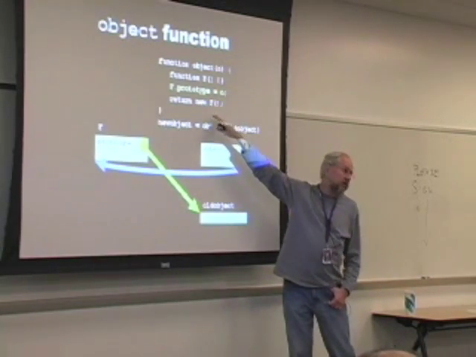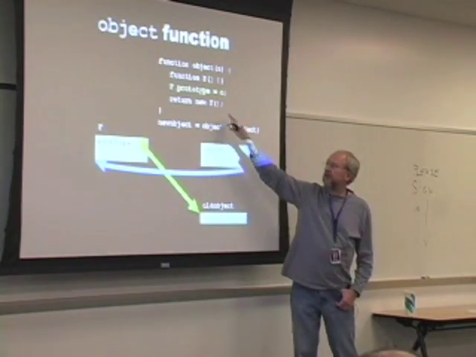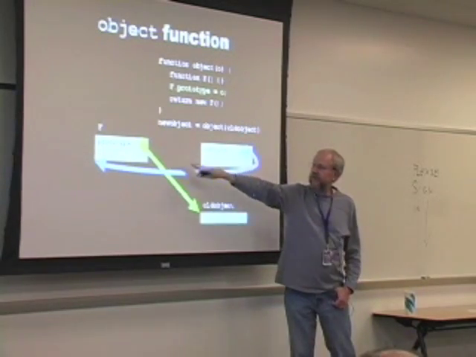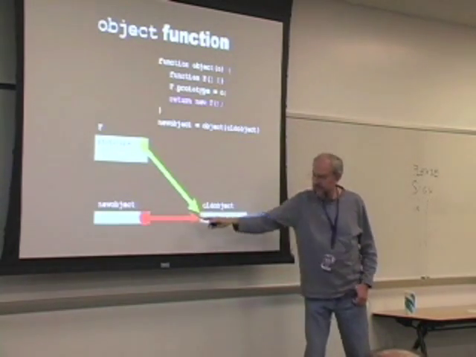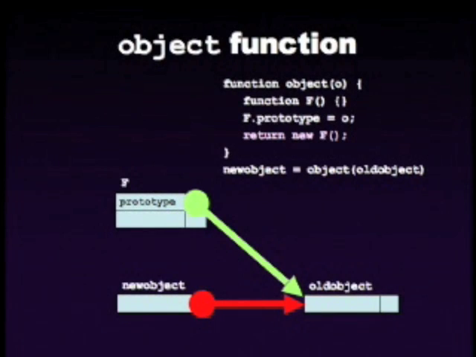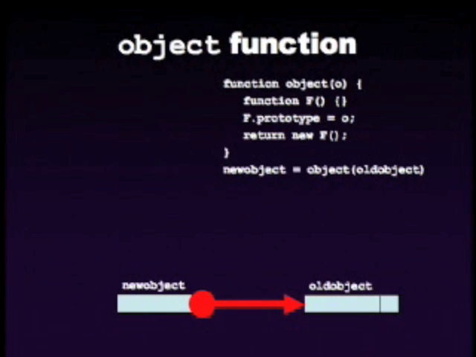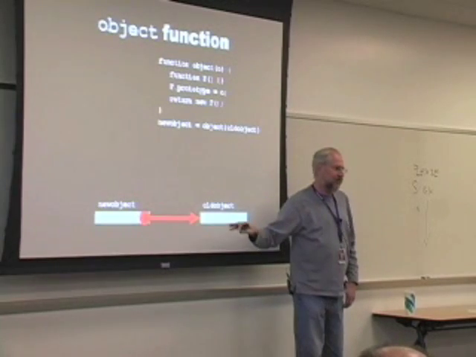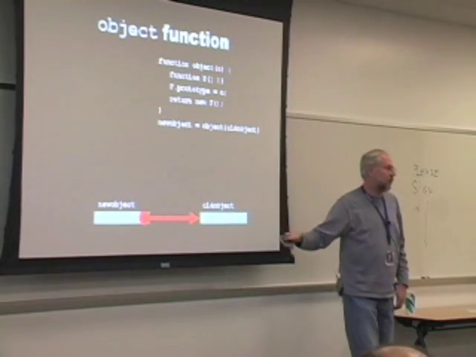Then we make a new instance. That will make a new object whose link points to f.prototype. So that gets us that. And then we garbage collect it, and we're left with that. So it's a little more than we want to do, but it's enough. Working in the web, you spend a lot of time doing workarounds, and this is basically a workaround, but it works.